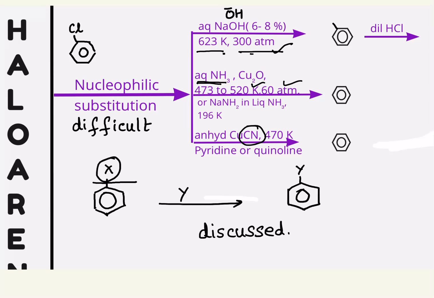Now here we are taking a 6 to 8% solution of aqueous NaOH. The first step of this reaction gives us sodium phenoxide, ONa. It doesn't get easily replaced by the OH group directly. This is then further hydrolyzed in order to give you the product.